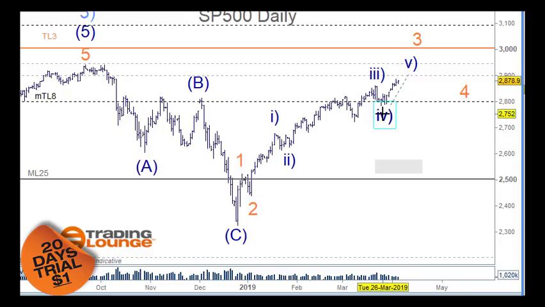However, the thing that bothers me about this particular count is two things. First of all, this particular wave 4 here doesn't really look like a wave 4. It's really acting like a wave 2. The other point is that from this high through to here, if we counted this up as 1 and 2 and 3 and 4 and 5, then this one's got an overlapping wave structure between 4 and 1.